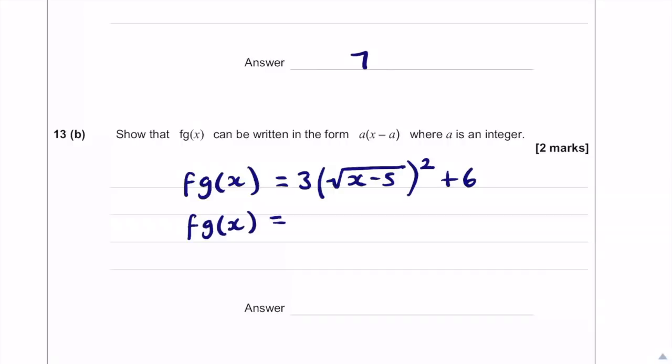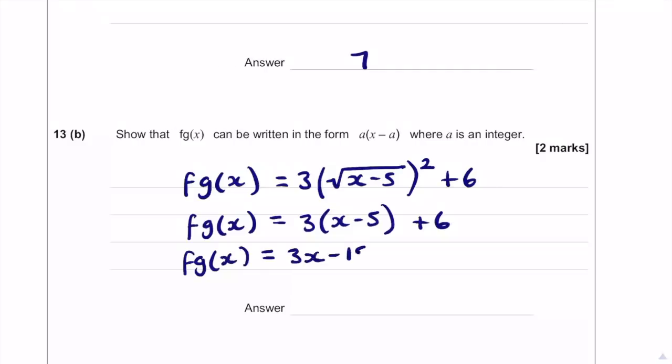Now if we square root x minus 5, we get 3 multiplied by x minus 5, all plus 6. That is equal to 3x minus 15 plus 6, and that is equal to 3x minus 9.